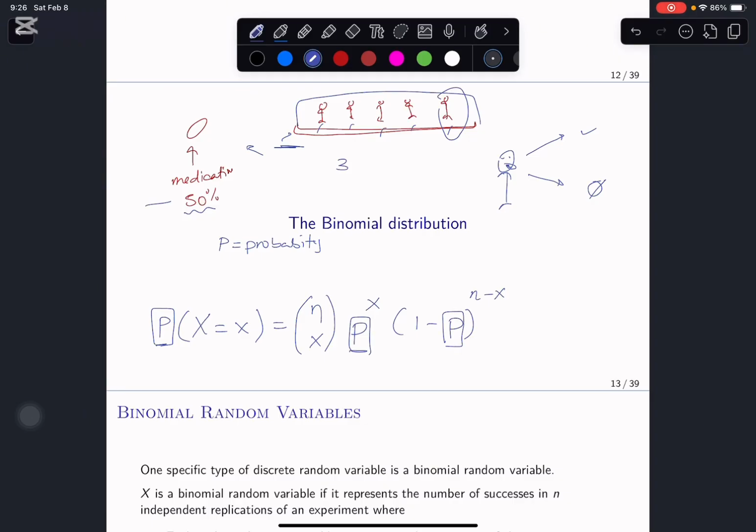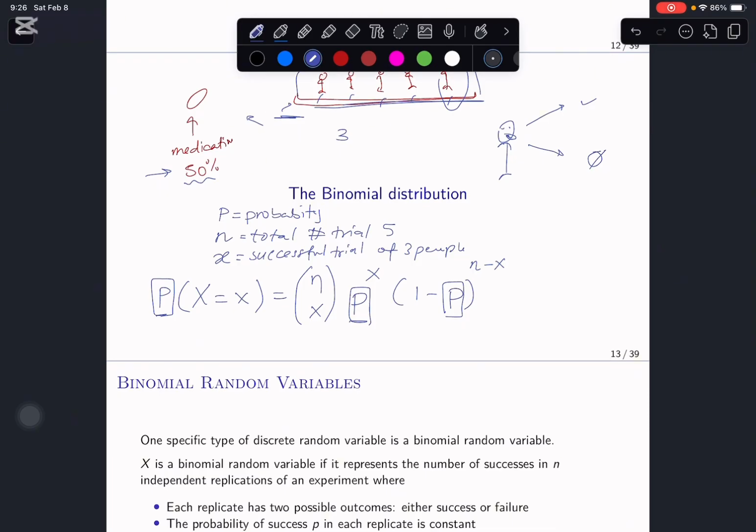And n is the total number of trials we're doing in this experiment. Total number of trials is, for example, 5 people. So 5. X is basically what we're looking for: successful trials of 3 people. Okay?